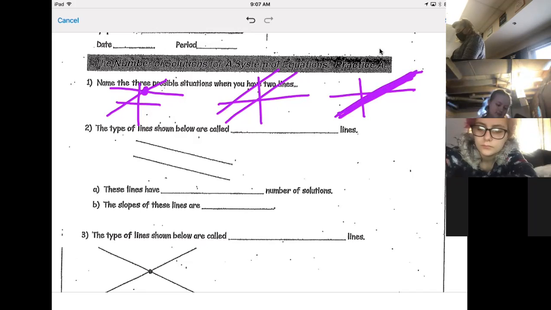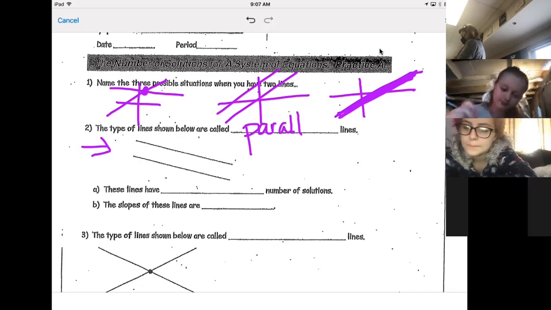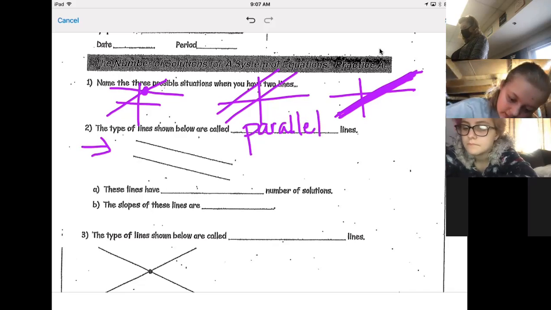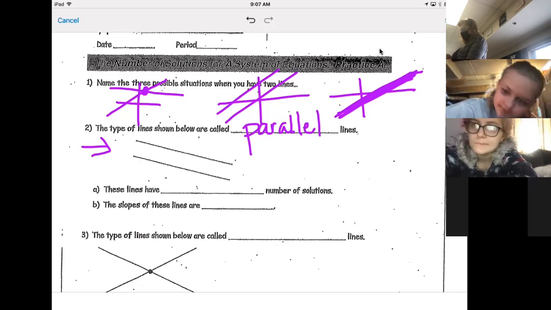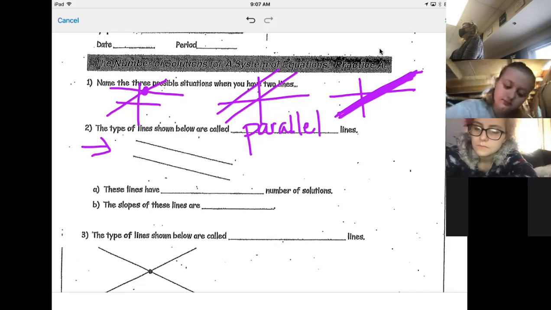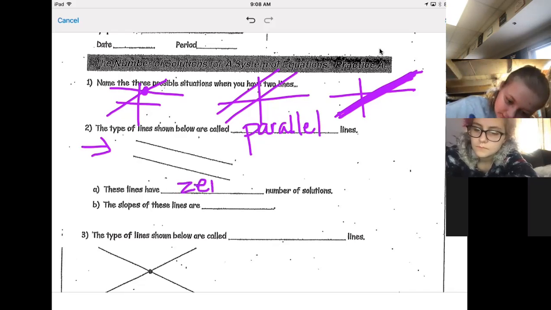Now, if you look at the type of lines shown here, what are these called? Parallel. These lines have how many intersections? Zero. So guess what?